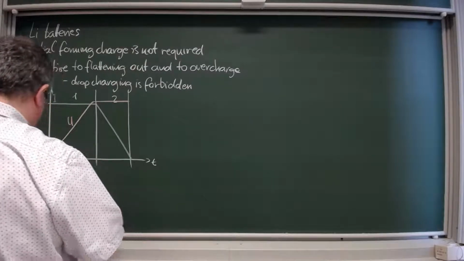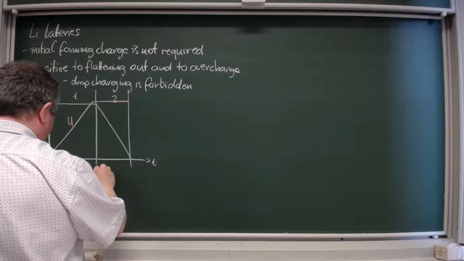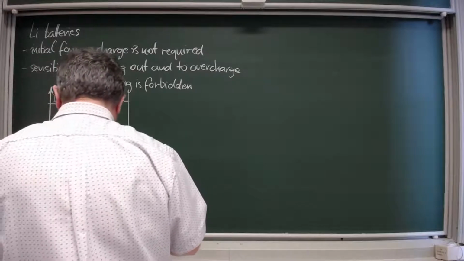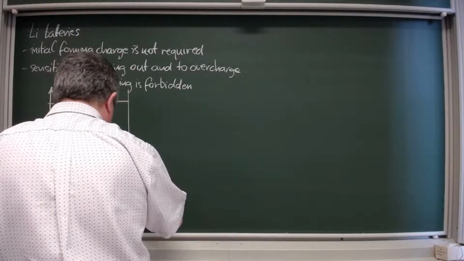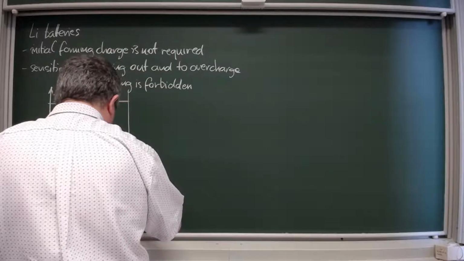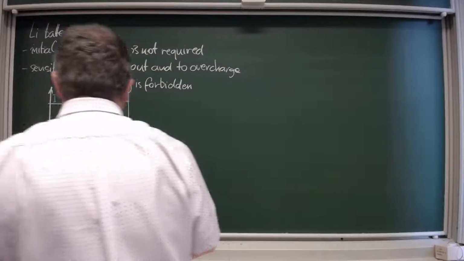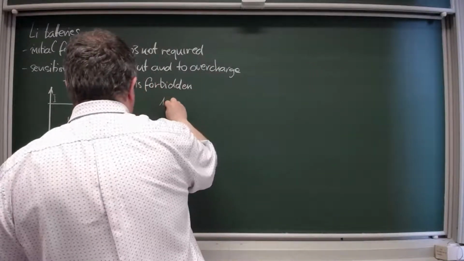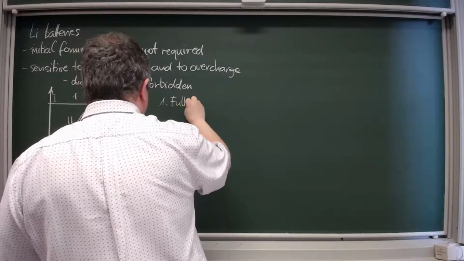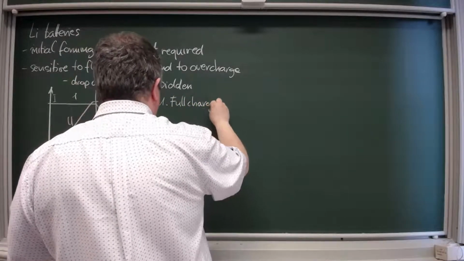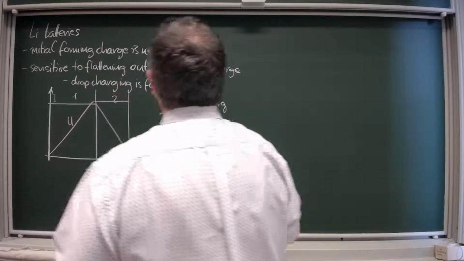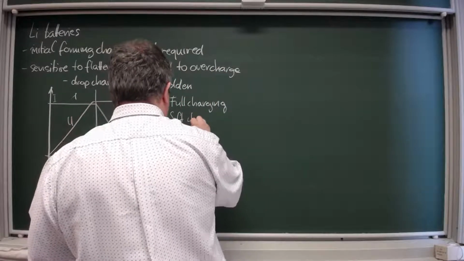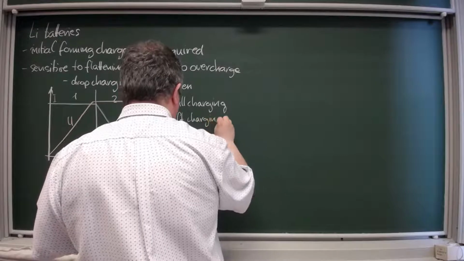And for the state of charge, here you get 70 to 80%, depending on the battery state of charge. And here you get 100% state of charge. Okay. And for the phases here, phase 1 is called the full charging. And phase 2 is called, let's say, the soft charging.